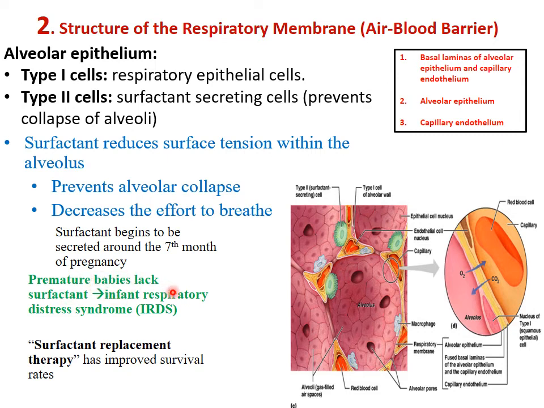So that is infant respiratory distress syndrome. Babies who are born lacking surfactant will have collapse of their lungs. The lungs collapse because of high surface tension. Surfactant replacement therapy has been proven to increase survival rates.